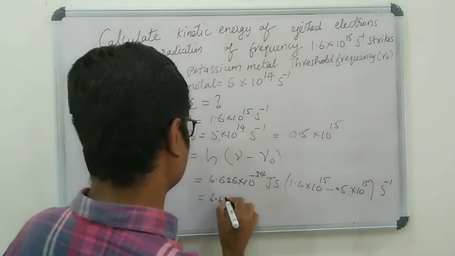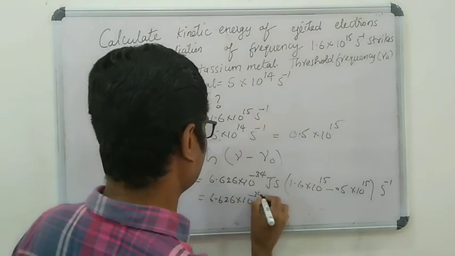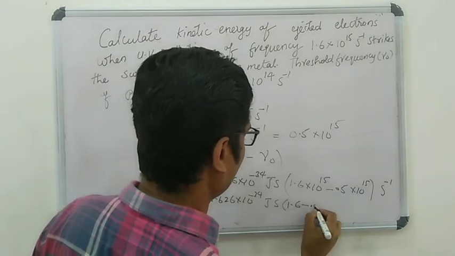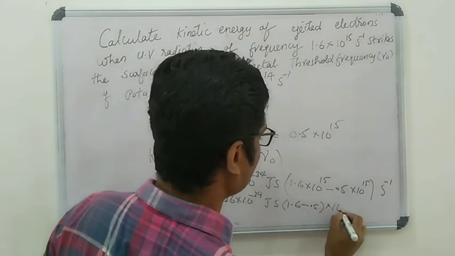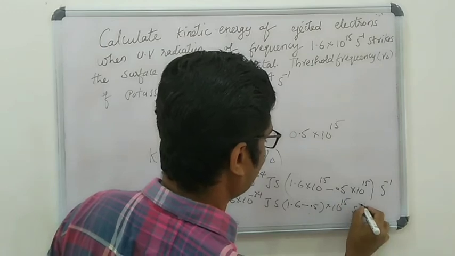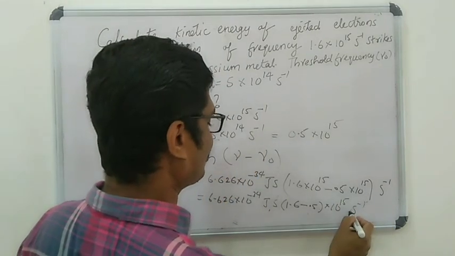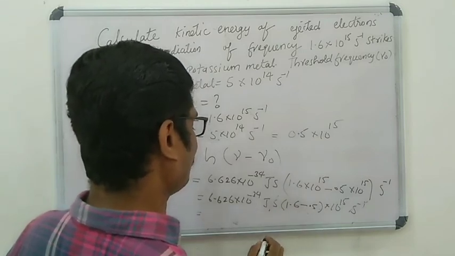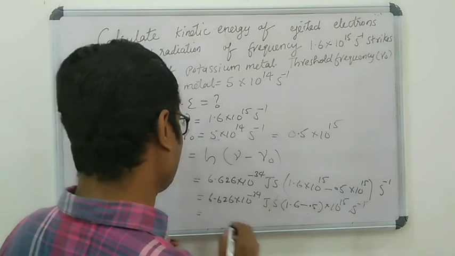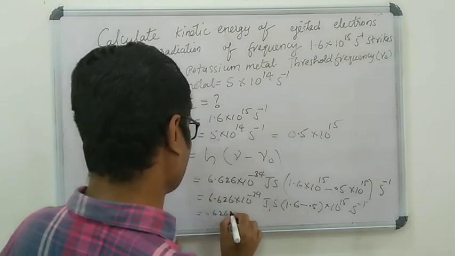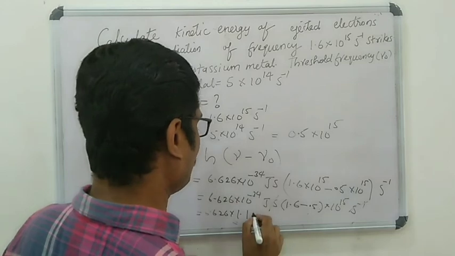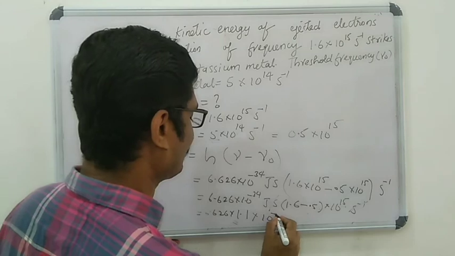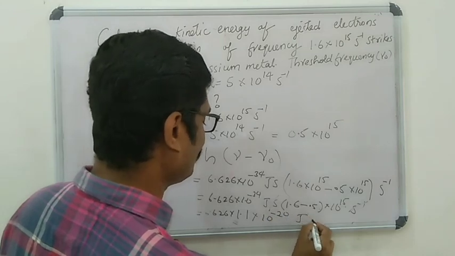So 6.626 into 10 raised to minus 34 joule second into 1.6 minus 0.5 into 10 raised to 15 second inverse. Second inverse cancels. 1.6 minus 0.5 is 1.1. That means 6.626 into 1.1 into 10 raised to minus 34 into 10 raised to 15, which is about 10 raised to minus 20 joule.